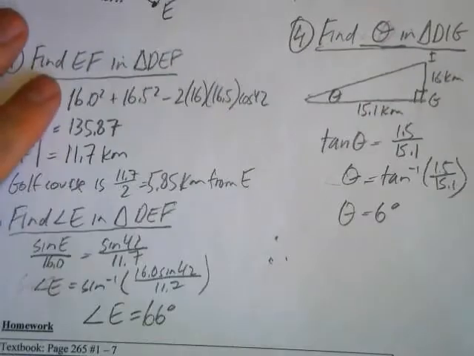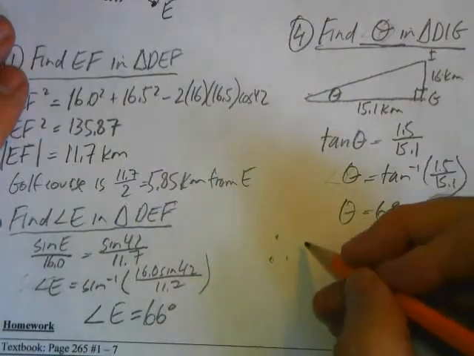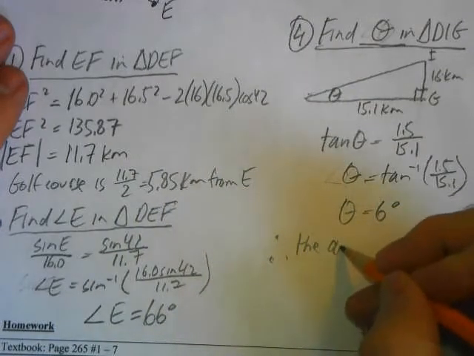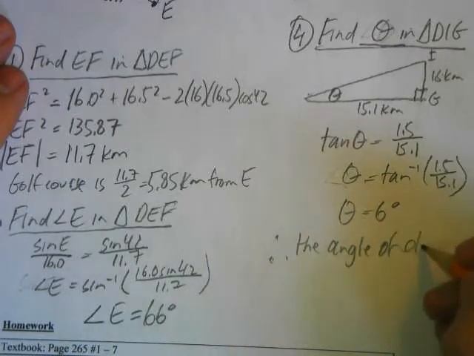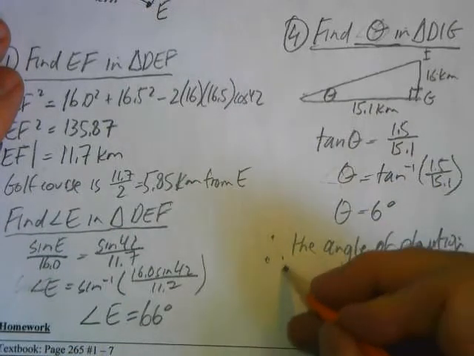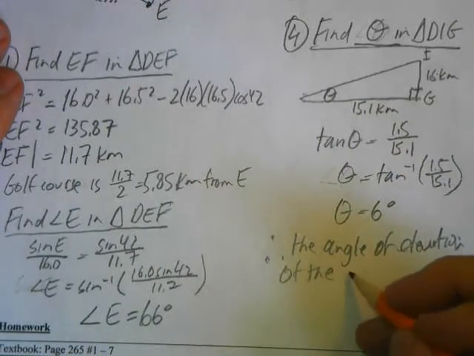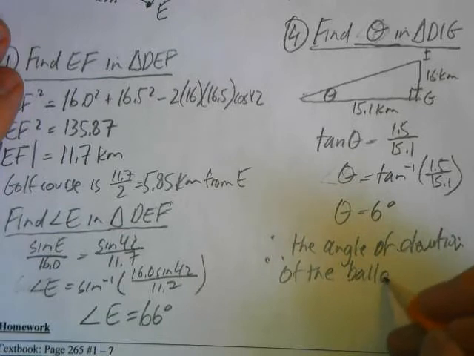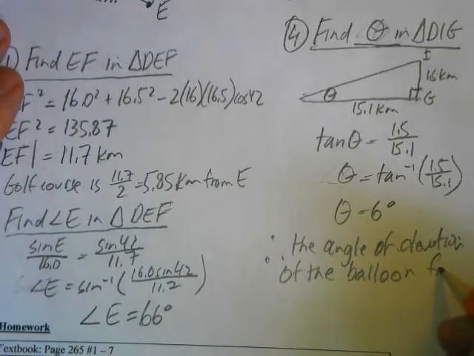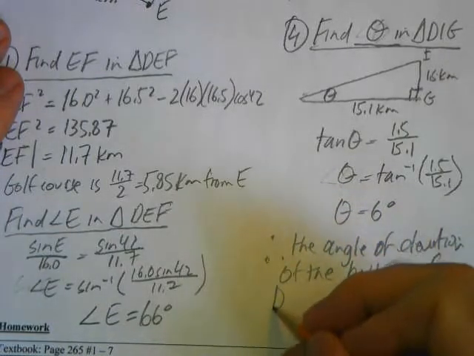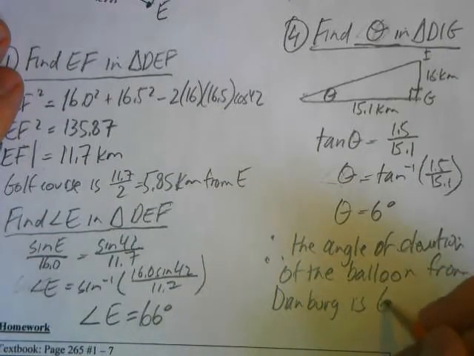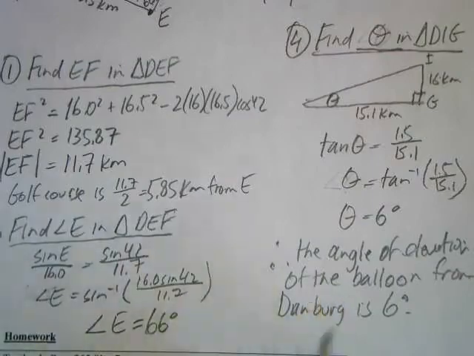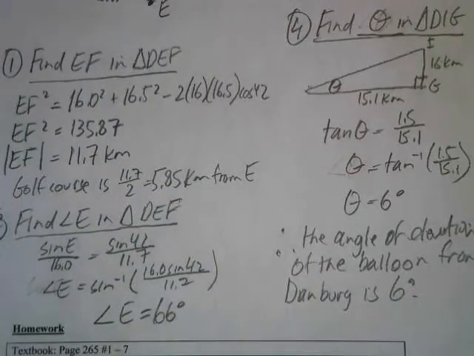So we're finally done this question. Therefore, the angle of elevation of the balloon from Danburg is 6 degrees. Okay? Never forget, these word problems have to have a word answer.